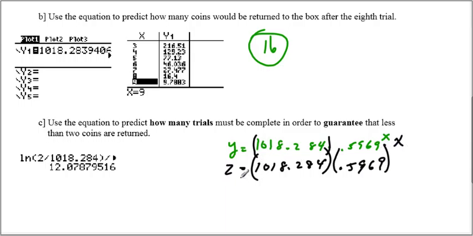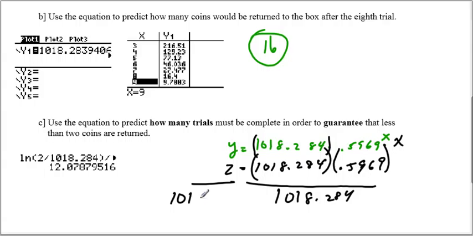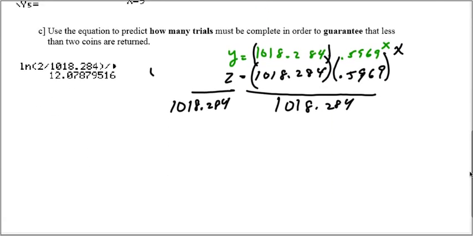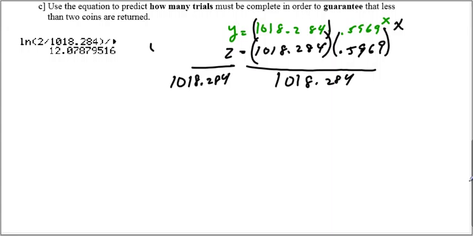So the first thing is we're going to divide by 1018.284. Good. Now, once we've divided by that, we'll end up with this value.